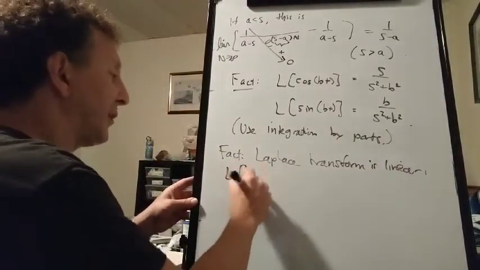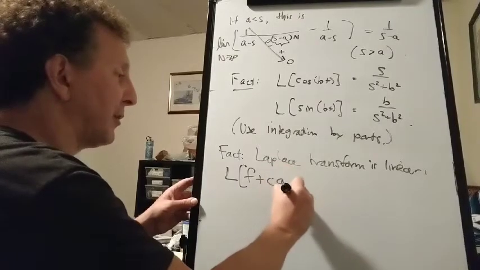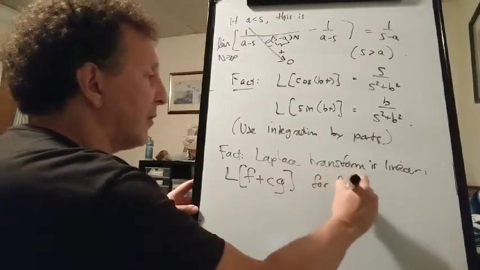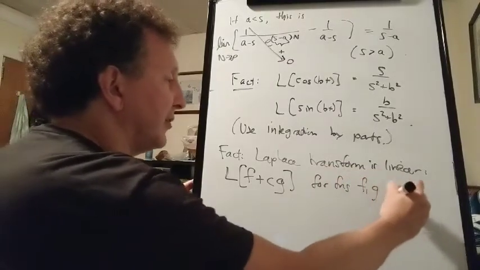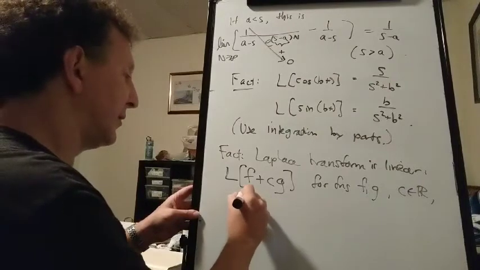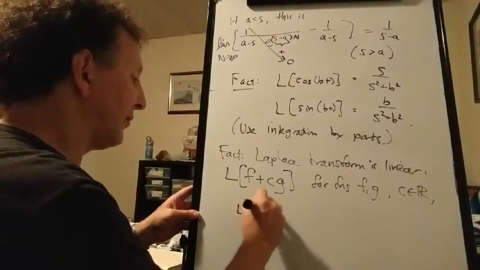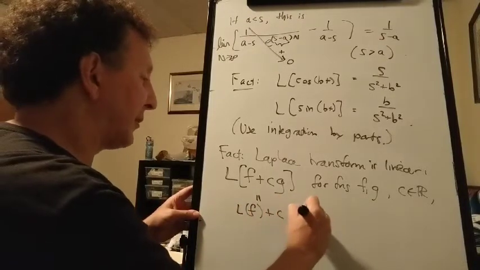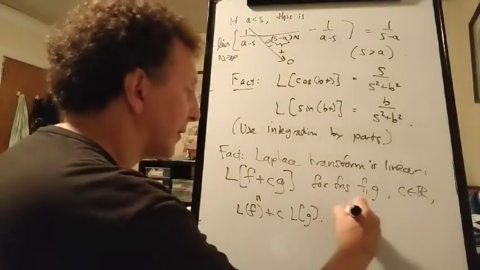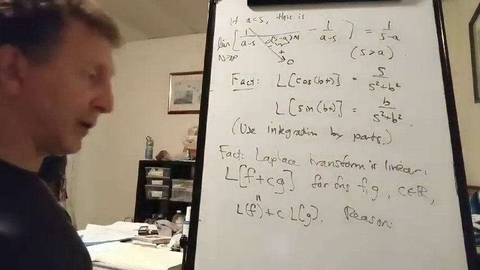That is, if we take a Laplace transform of some function f plus some number c times some other function g, so for functions f and g and a real number c, this is equal to Laplace of f plus c times Laplace of g. And the reason is basically that integration is linear.